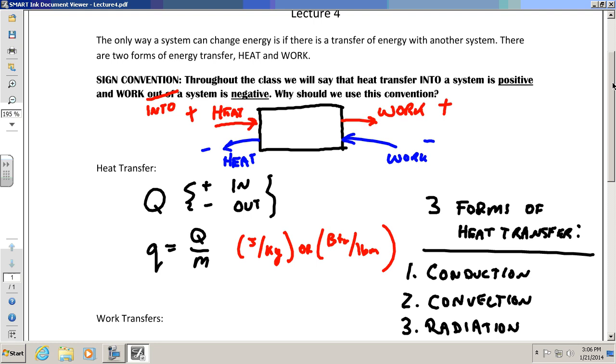Now, convection occurs when heat transfers through a fluid. The most common ways in which you see that is if you were to cook something by boiling it or frying it. Why does frying cook something up so fast? Because a hot oil transfers heat into an object much, much faster than hot air.